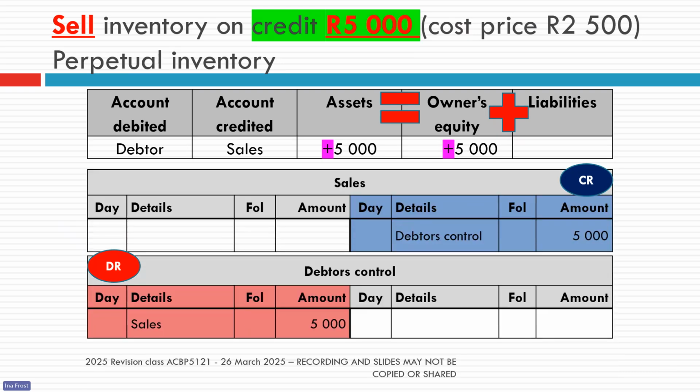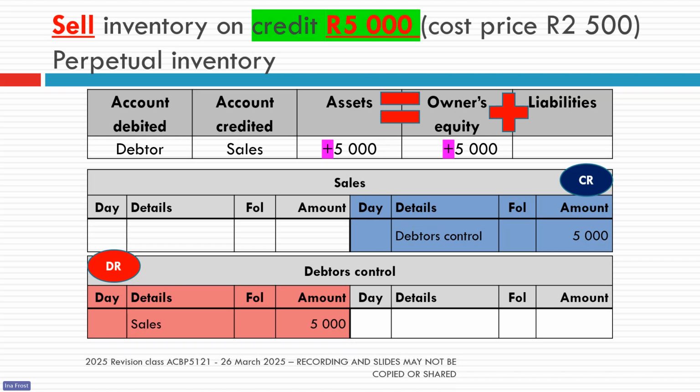If we were to have done a cash sale, so if this was exactly the same set of information, but they just told us that we made a cash sale, then our entry would look exactly the same, but instead of debiting the debtor, we will just debit the bank account. So you would only make one change to this entry: instead of having a debtor, you would have bank.